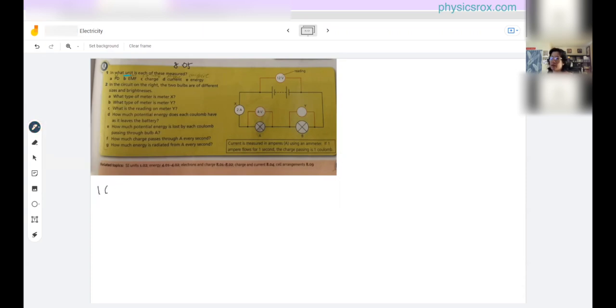All right. So 1A, potential difference is volts. B is volt also. Let me just double check. Did I mark wrongly? Okay, I need to do correction here also.